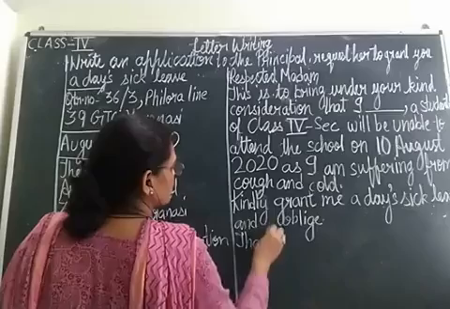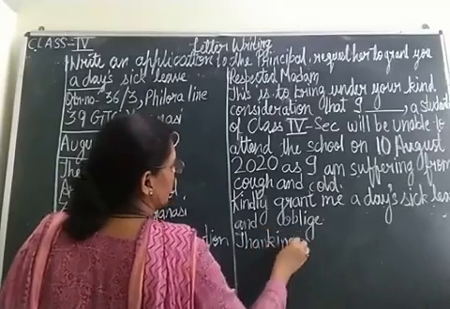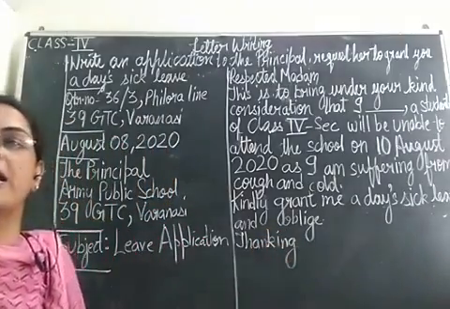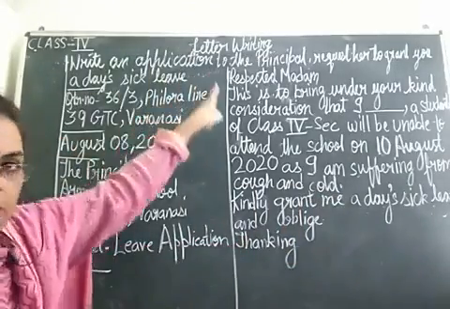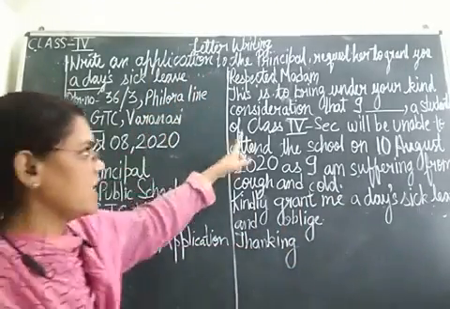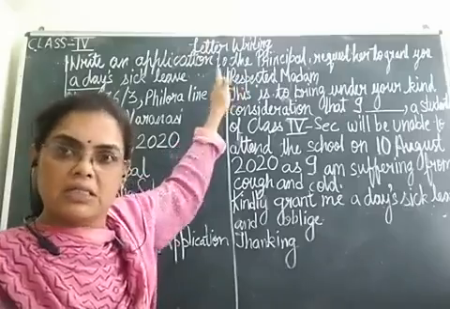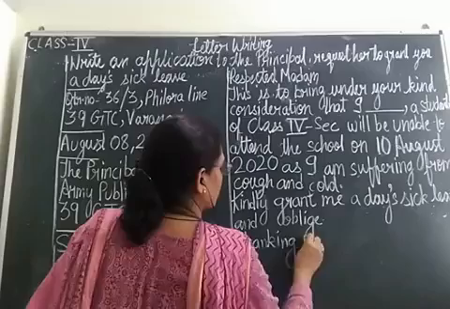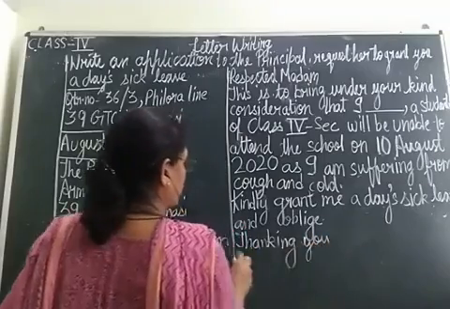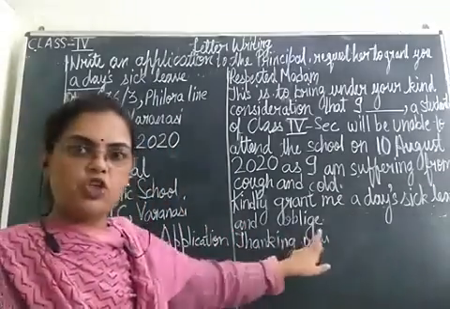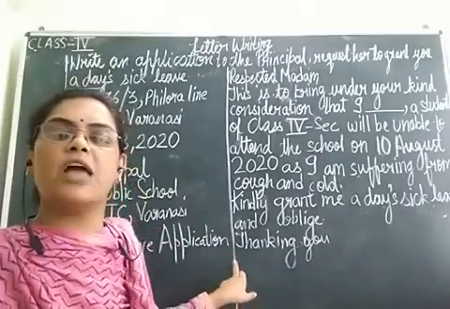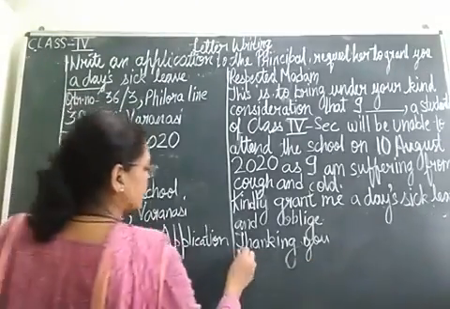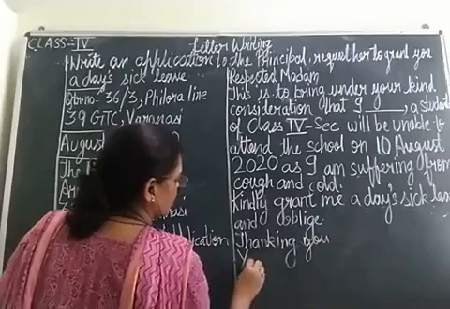Thanking you. Please keep in mind, you don't have to leave any line in between the body of the letter and after the salutation. Thanking you. Wherever you finish, you leave that line. Now again you start from a new line. That is the complimentary close.